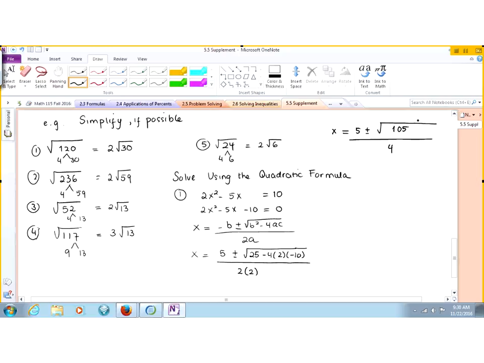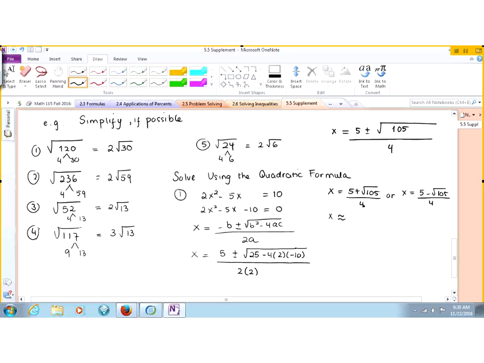Divided by 4. Can we simplify square root of 105? No. So that's it, you're done. So x is equal to 5 plus square root of 105 divided by 4, or x is equal to 5 minus square root of 105 divided by 4.